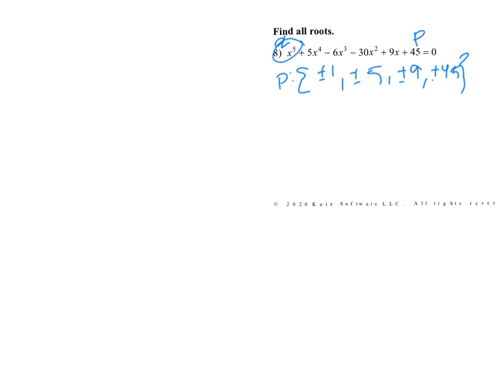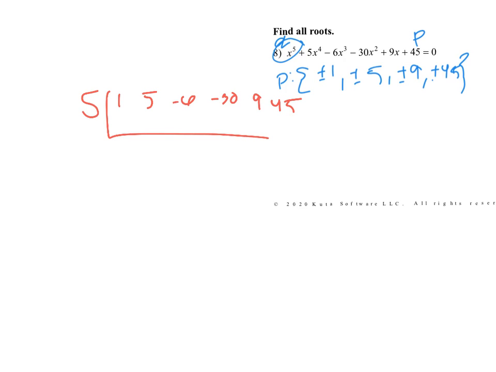This is number 8. Why don't we try 5? So I have 1, 5, negative 6, negative 30, 9, and 45.